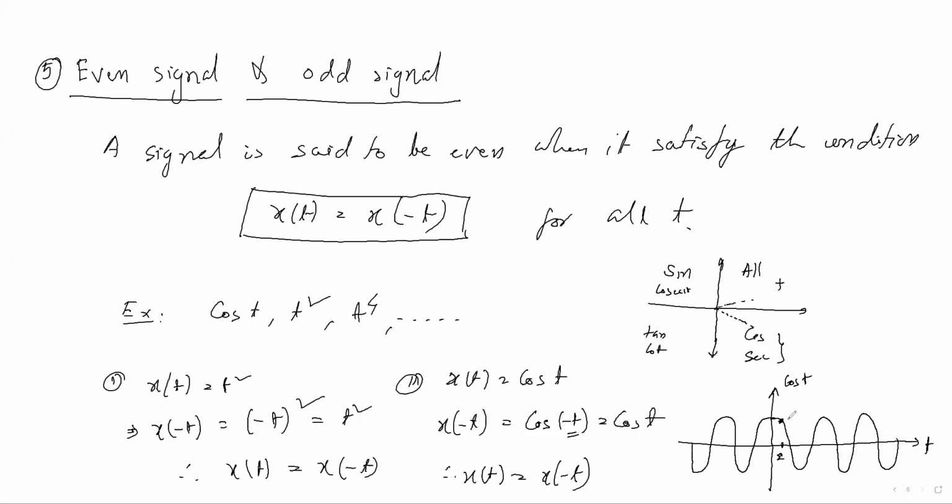Suppose the value here is 0.7. What is the value for t equal to minus 2? That also we will get 0.7 only, the positive value itself. That's why we can say a cos signal is an even signal, because it proves that x of 2 equals x of minus 2. Understood?